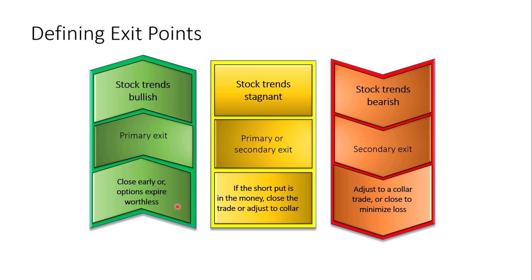Or you can also do additional trades to adjust it to a collared trade, or you could close it at a loss that you predetermined. So once again, primary trend is bullish. Can also work in the stagnant trend. Does not work and needs to be adjusted in the bearish trend.